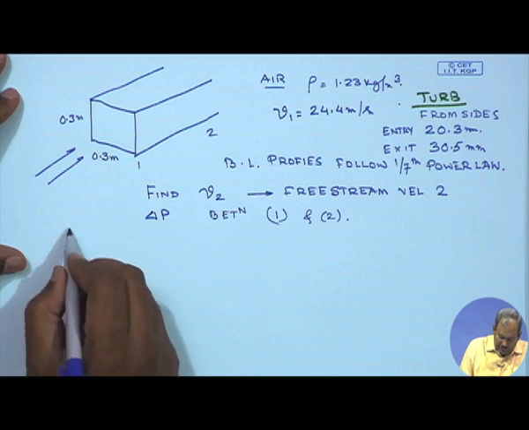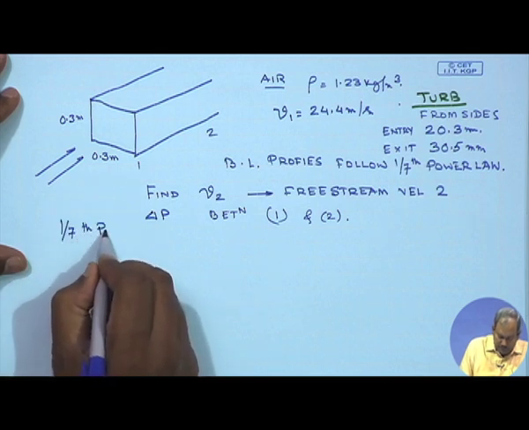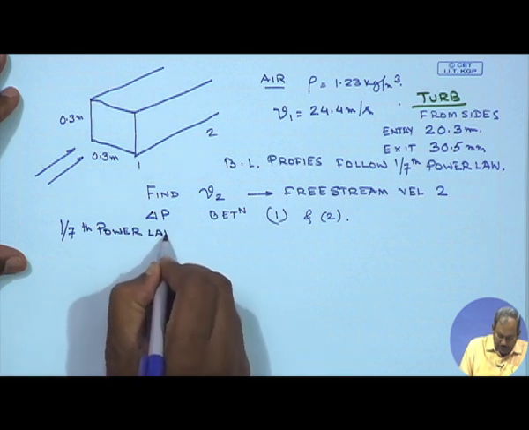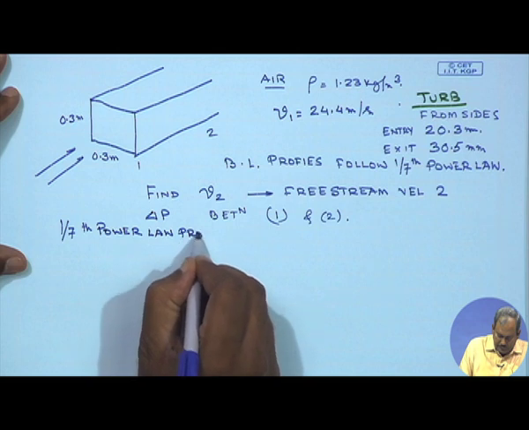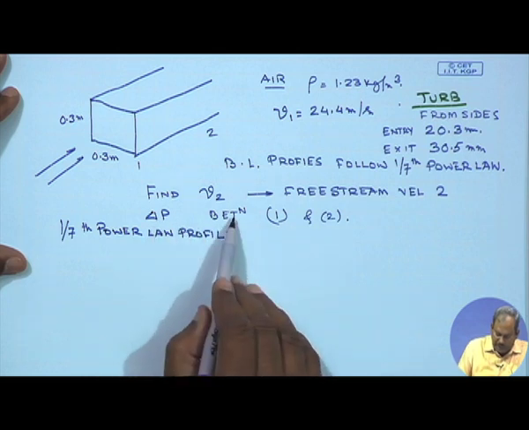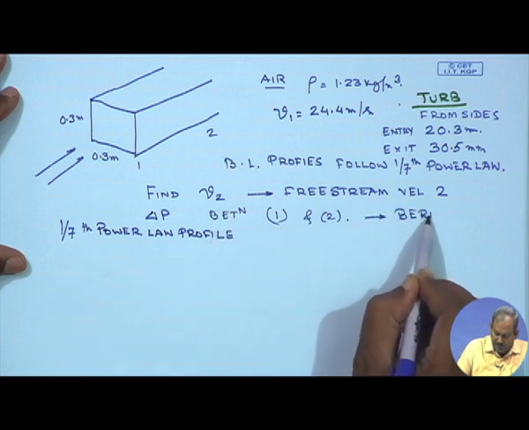First of all, since it is a 1/7 power law profile, whenever I am trying to find out delta P, I am essentially going to use Bernoulli's equation.